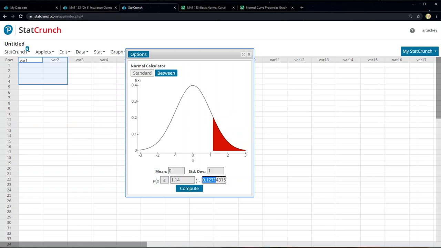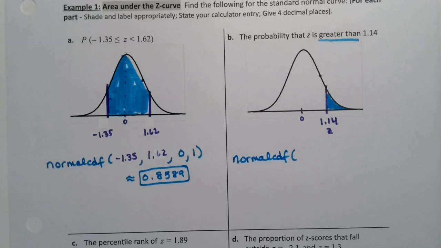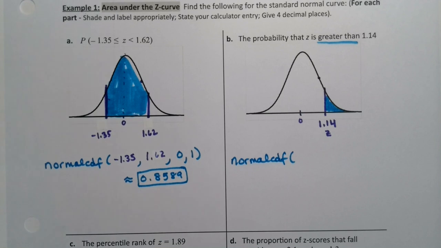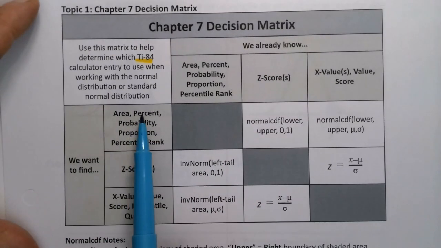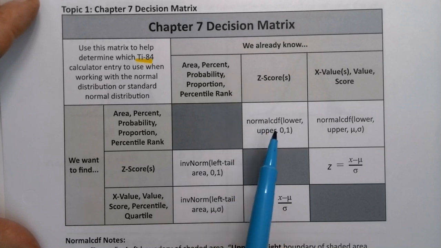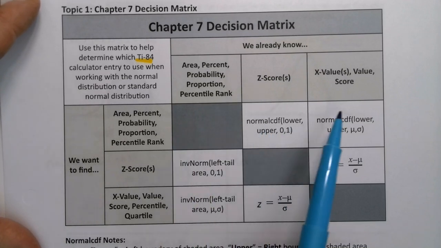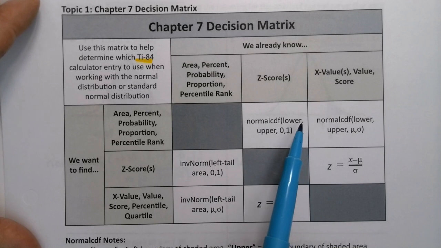Wonderful. Now, if you want to use the calculator, how do you get to the same value? Well, calculator is going to be a little bit trickier. So we know we want to find an area, to find a probability given a z-score. So it's still going to be normal CDF, lower, upper, 0, and 1. We haven't used anything else yet, nor will we for a while, actually.